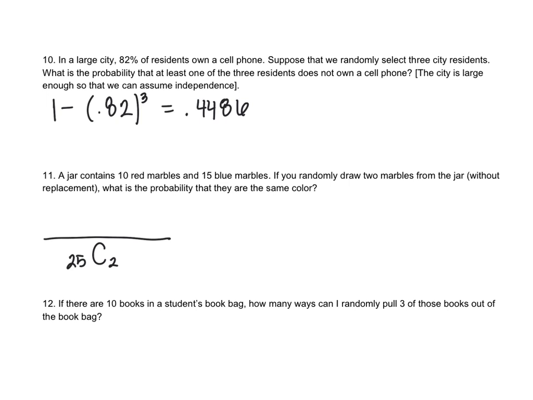Okay, in our numerator, we need to do the probability that the 2 marbles we draw are red or blue. So we have 10 choose 2 plus 15 choose 2, since we have to find the probability of each event. And we end up with 1/2.